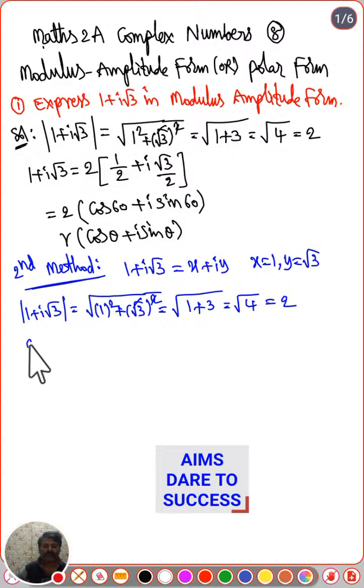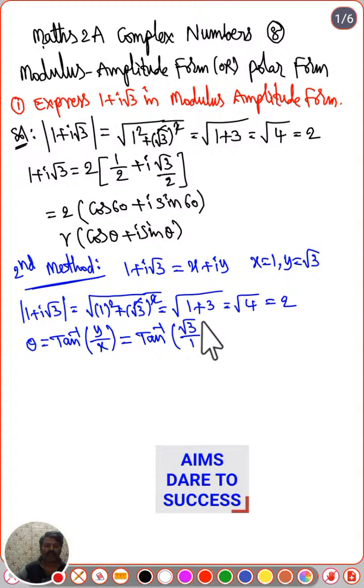Later we want to find theta. Okay, modulus amplitude form: theta is equal to, we can use it like this, theta is equal to tan inverse y by x. So tan inverse, what is the y value here? Root 3 by x value 1. Okay, my dear, so tan inverse of root 3 by 1 is root 3.